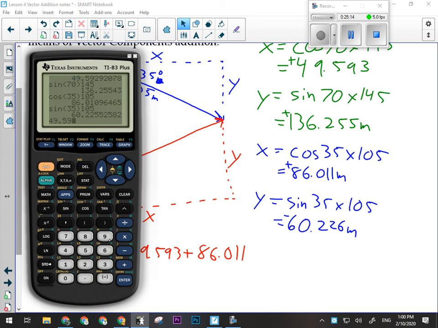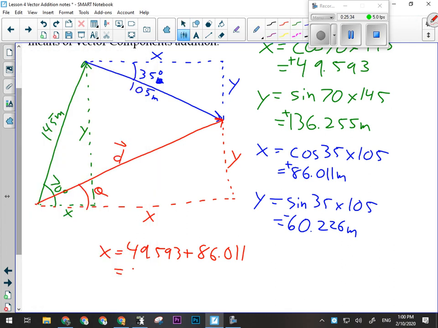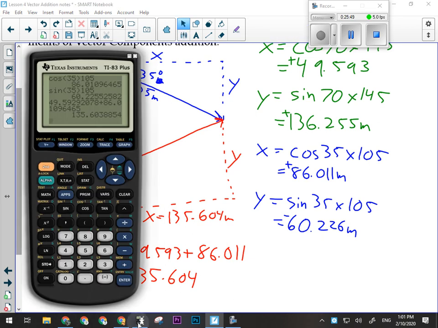So 49.5929 plus 86.0109 gives 135.604. So in total, over this whole trip, the object goes over 135.604 meters. Now I need to do the same thing with the y components.